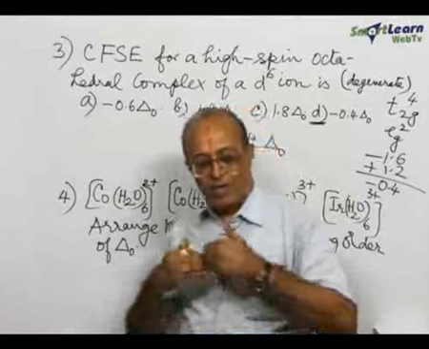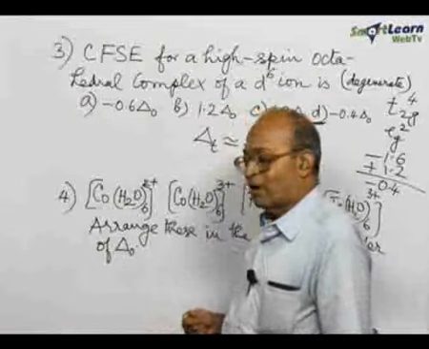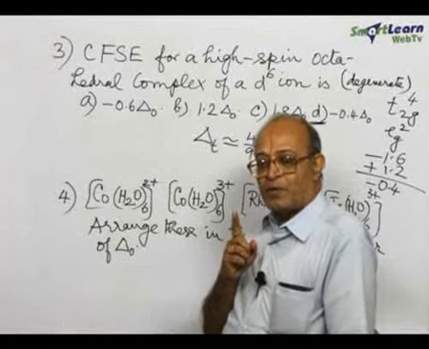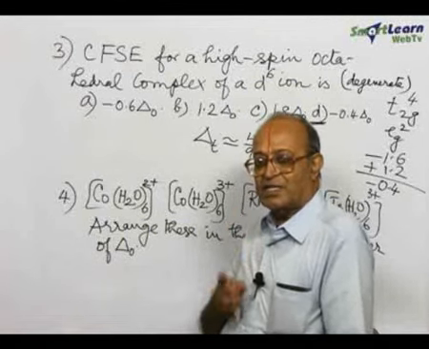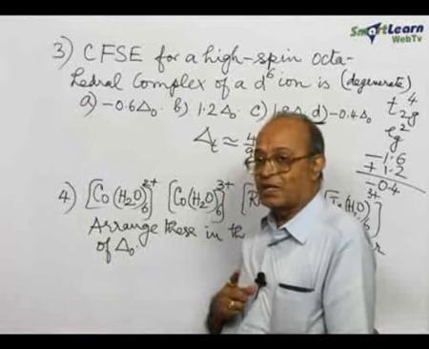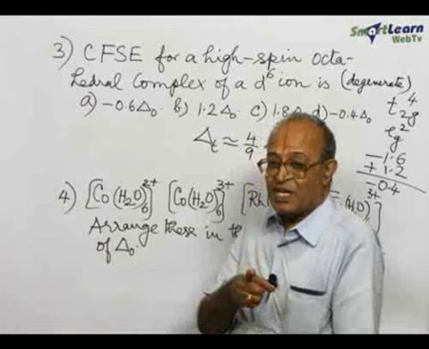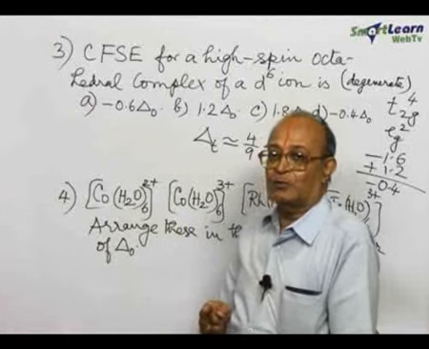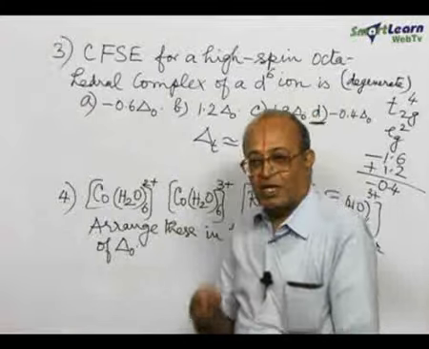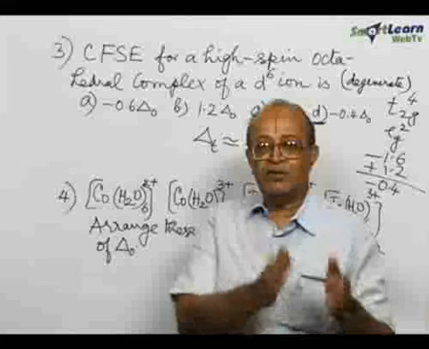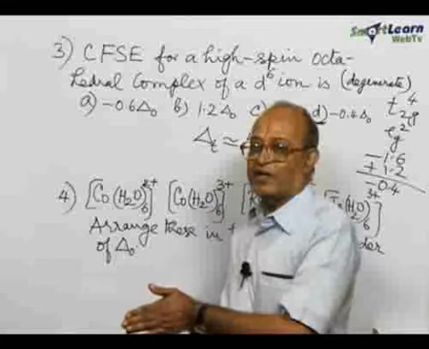Now, I will combine all these and give the result. So, with the change of ligands, delta O changes. Second point, charge. With the increase of charge, there will be an increase in delta O. Third, the central metal ion position 3D, 4D, 5D.